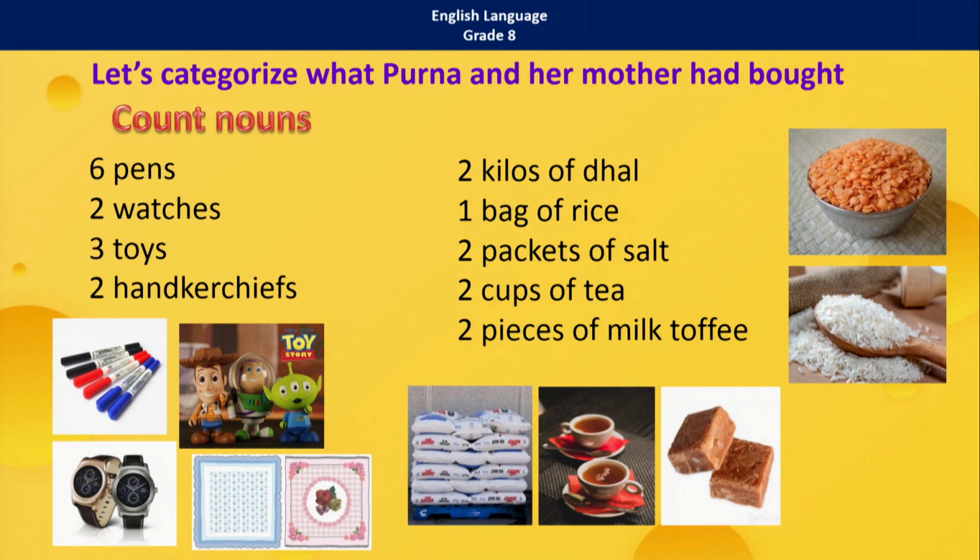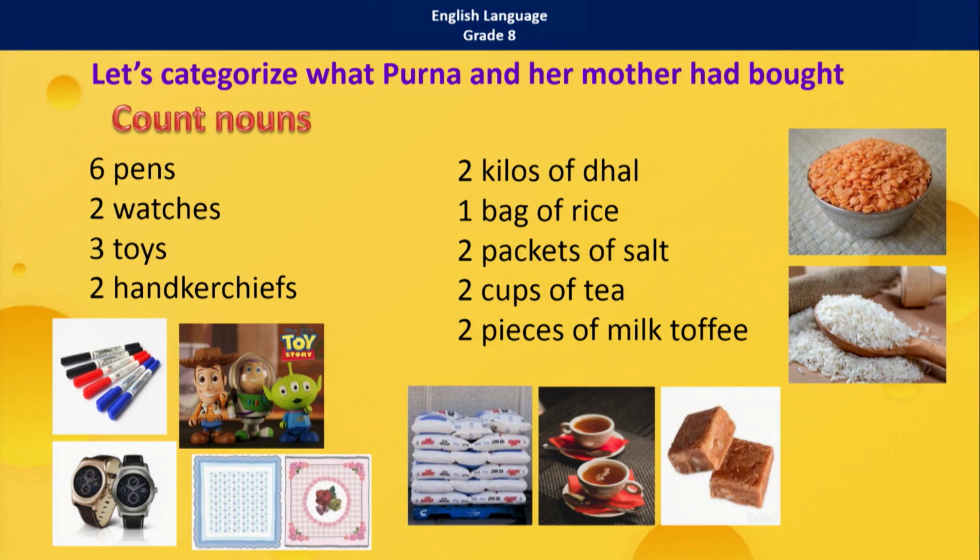And let's go to the other side now. 2 kilos of dal. If I ask you to count the dal seeds, will you be able to do it? Oh my God, that is a very difficult task to count the seeds of dal. So, what about rice? Rice also in the same way, you can't count the seeds.